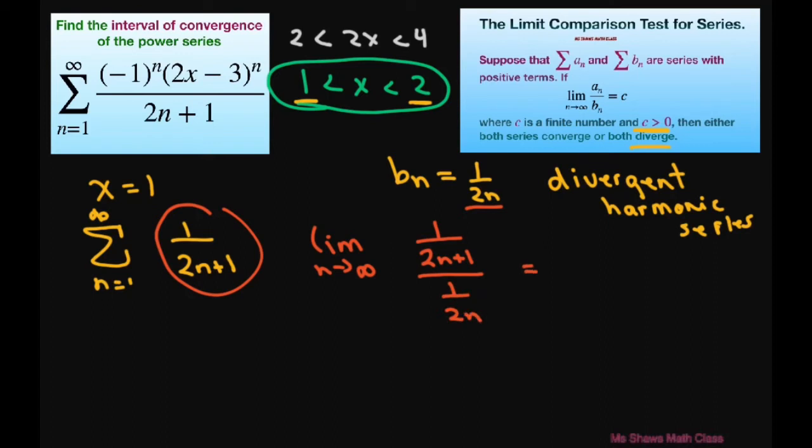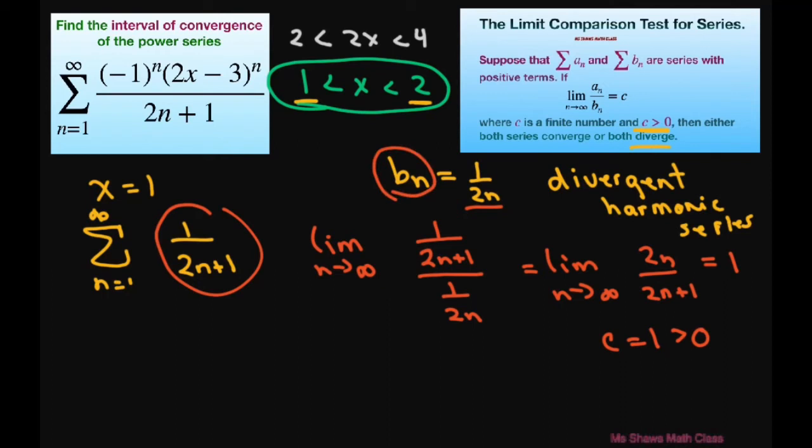Now this is going to equal the limit as n approaches infinity of 2n divided by 2n plus 1. So this equals 1. All right, so c is equal to 1, which is greater than 0. That means they both behave alike. So since our b sub n was divergent, so is our a sub n. So our series is divergent here.